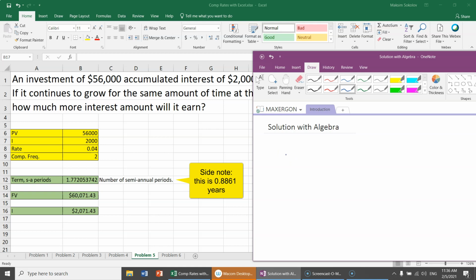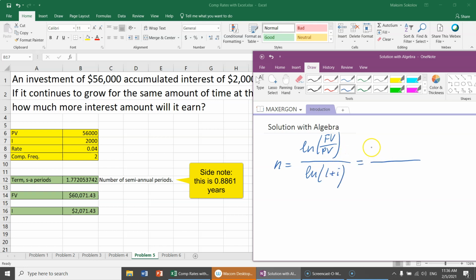Let's see how the same problem is solved by using formulas. First, we need to find the term. The term is found using the formula for n. This formula is logarithm of future value divided by present value, divided by logarithm of 1 plus i.